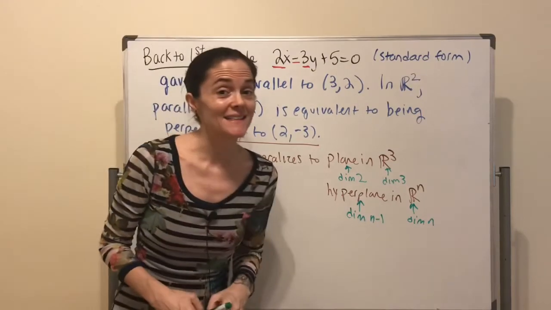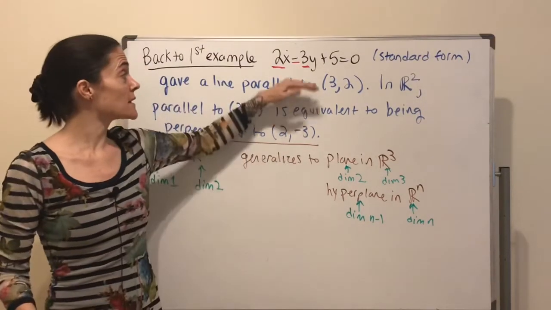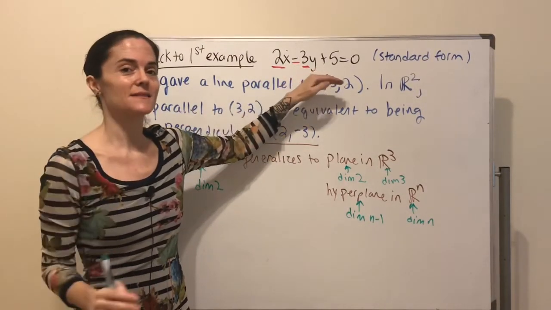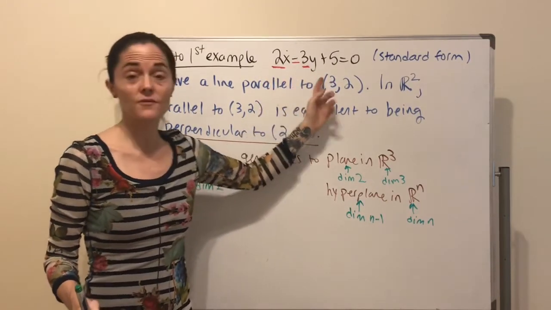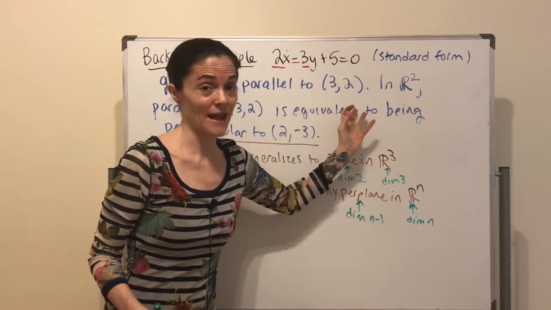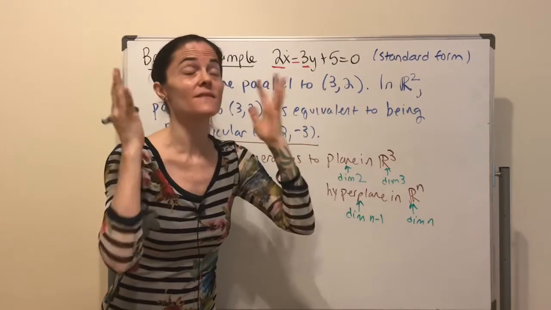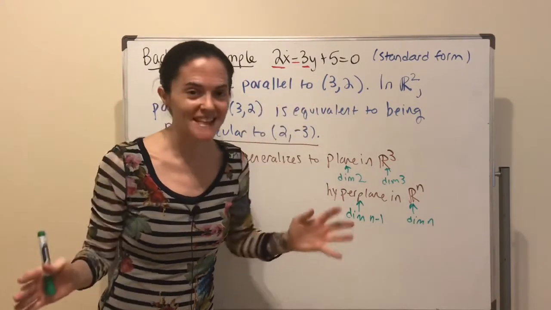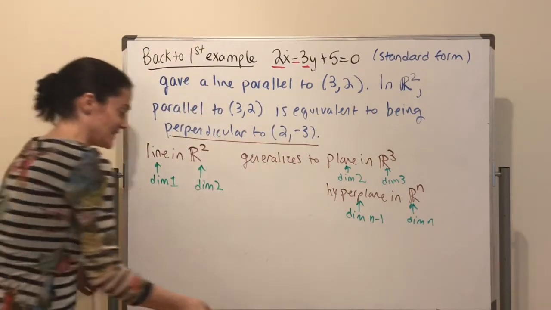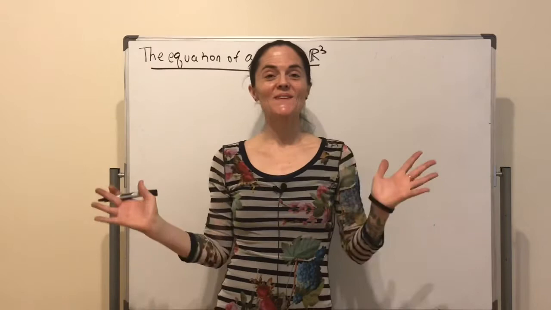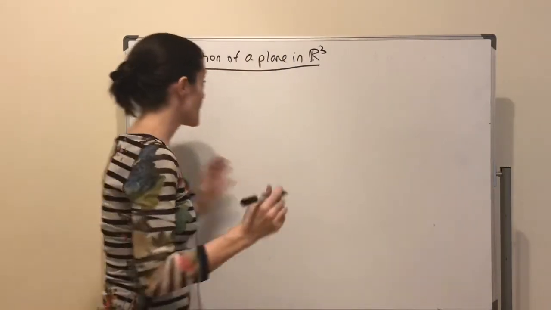And guess what? The standard form of a plane in R3 looks almost like this. It's going to be something very similar, where just by looking at the equation of a plane in R3, we can read off a vector that is perpendicular to the entire plane. What is the equation of a plane in R3?